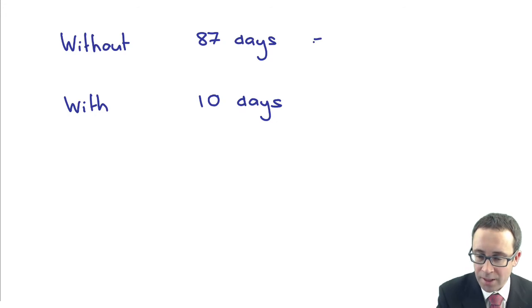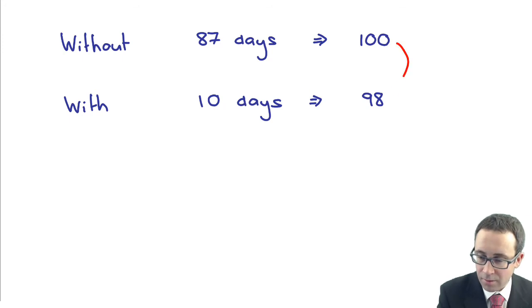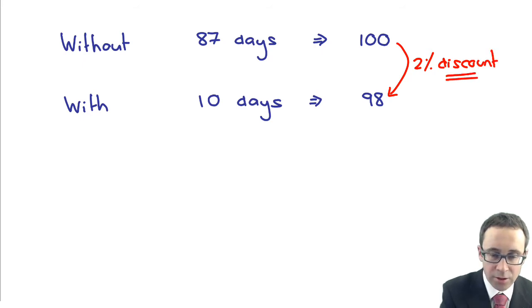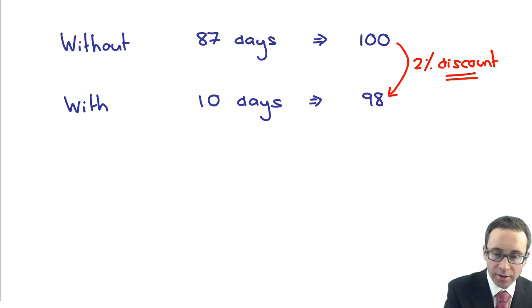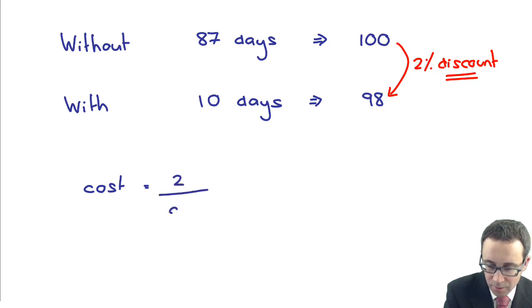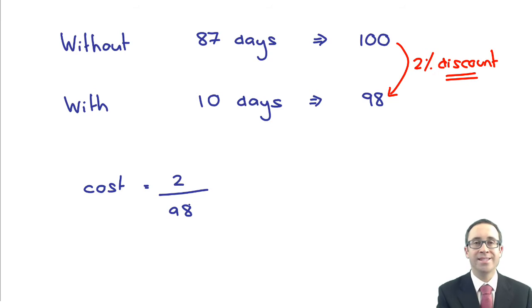So if we assume a nice simple $100 invoice, and we get the cash in within 10 days, then that 2% discount will mean that we get 98 within 10 days of issuing the invoice. To work out the cost, we are without cash of 2, but we receive cash of 98.